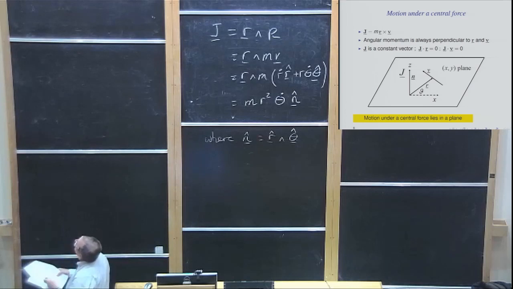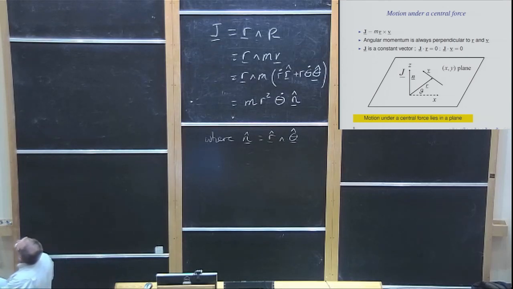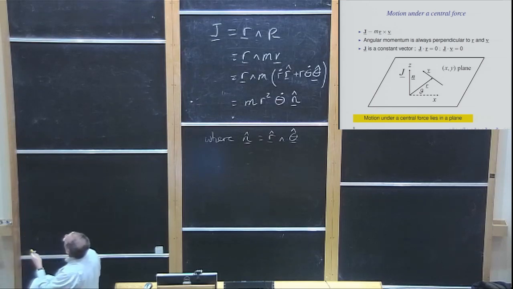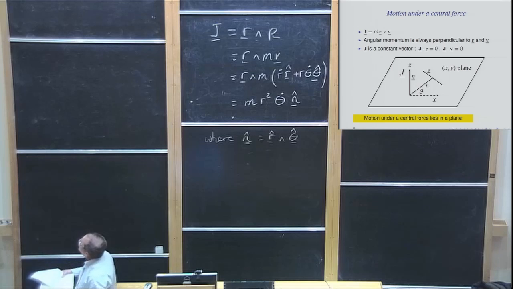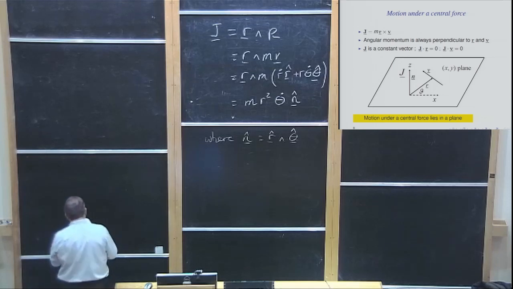Well, we start with angular momentum which is perpendicular to r and v. This angular momentum is constant. This means that at any point in the subsequent motion, it is also perpendicular to r and v. So the dot product of J with r and the dot product of J with v will be 0 in both cases. This means that the motion this particle undergoes must start and remain in this plane. So motion under a central force lies in a plane.